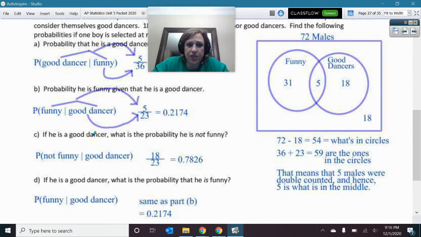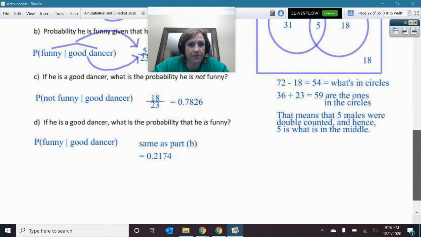If he is a good dancer, what's the probability he is not funny? Given that he's a good dancer, out of the 23 good dancer ones, which of those are not funny? It's these 18 out of those 23 that are not funny.